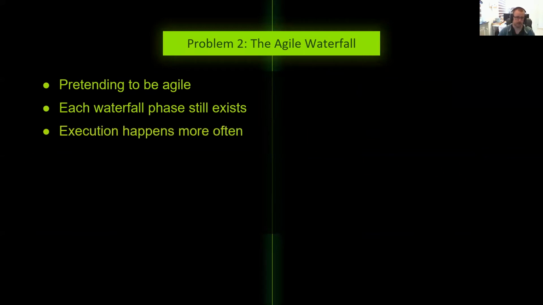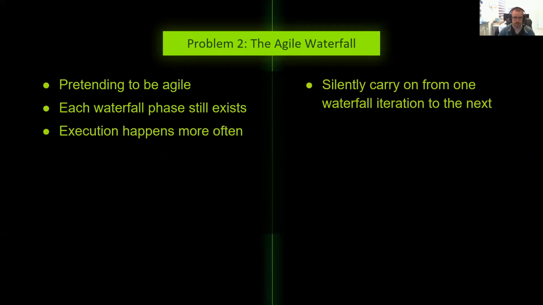What we are doing here is we're pretending to be agile. In truth, the waterfall still has each phase applying in the same model that we are working after, but just the whole execution of the waterfall happens more often. What we do is we silently carry on from one waterfall iteration to the next, jumping from milestone to milestone.